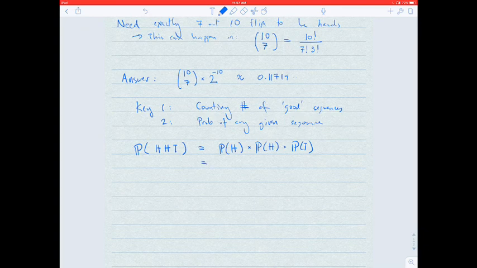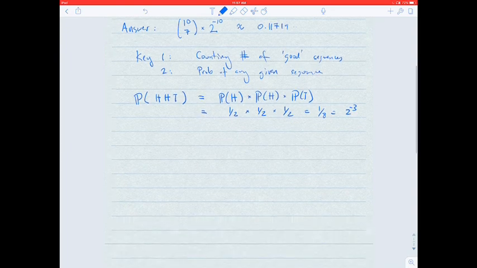Since it's a fair coin, this is just 1/2 times 1/2 times 1/2, or 1/8. And this is how I got my 2 to the minus 10 up above. Okay, so this is directly relevant to the next question, so let's move on to that.